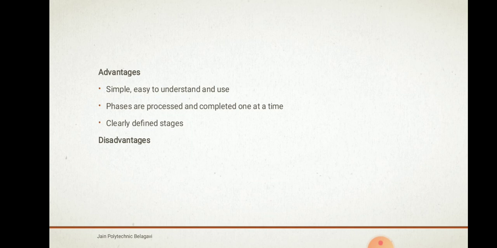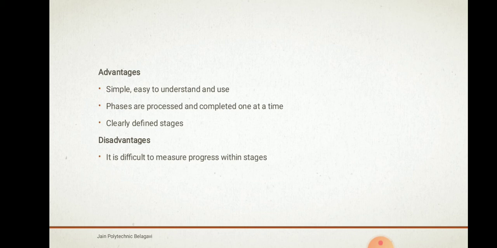But there are some disadvantages of this waterfall model. It is difficult to measure progress within the stages, because since we are going in a linear way, we are not measuring the progress within the stages. Once the stage is over, we can't go back afterwards. Suppose you are in the requirement stage and we have gone to the design stage.